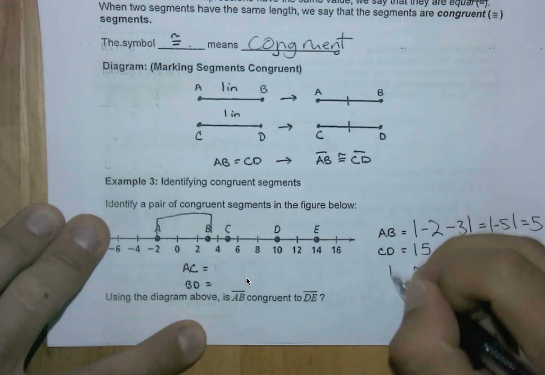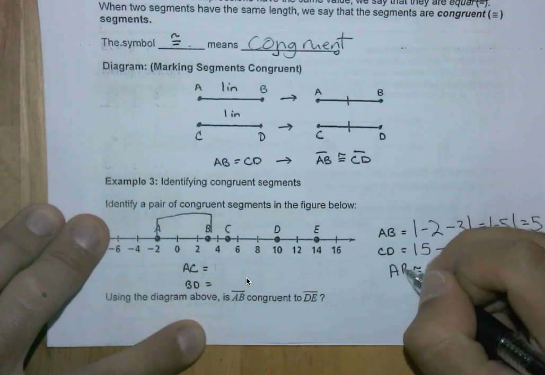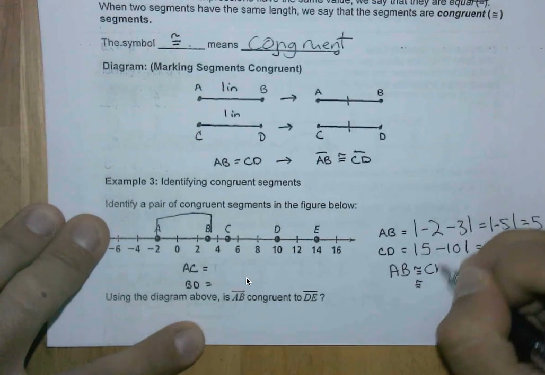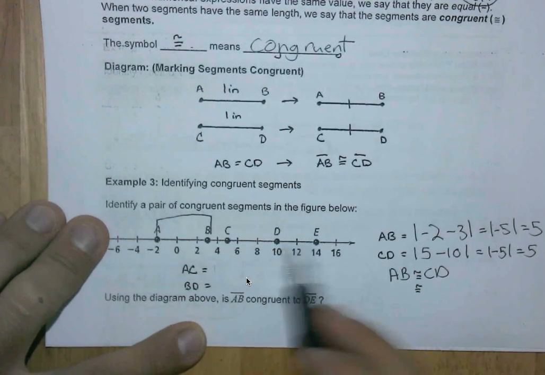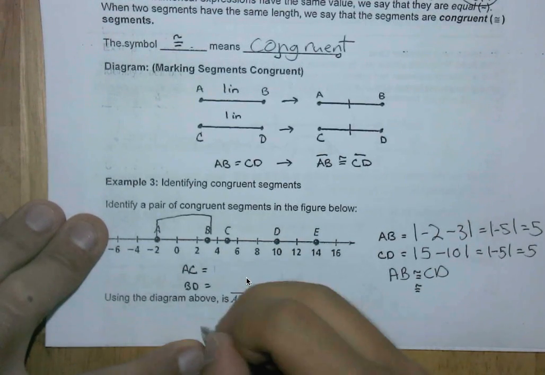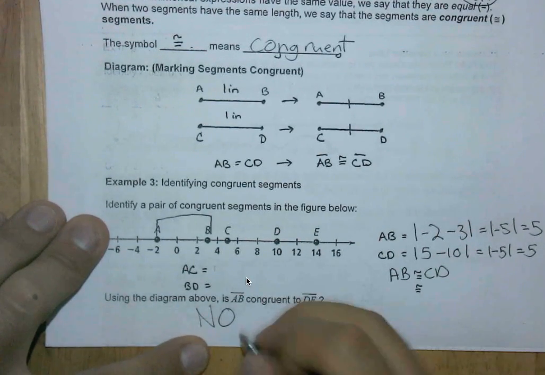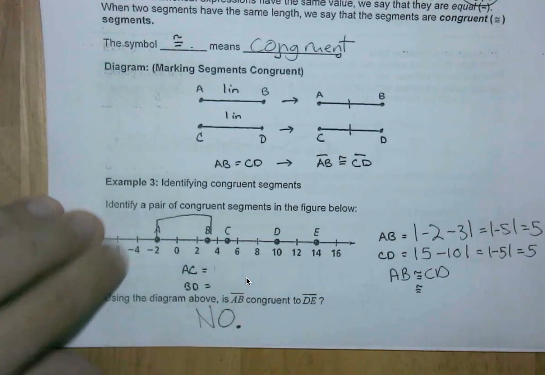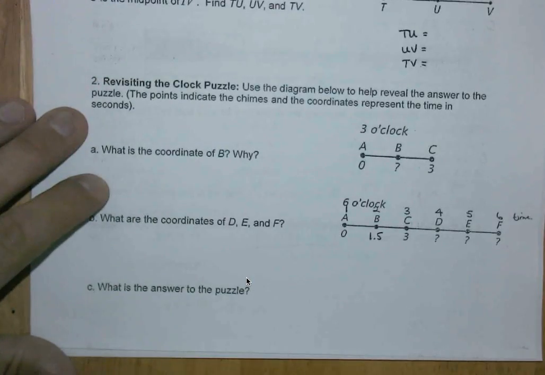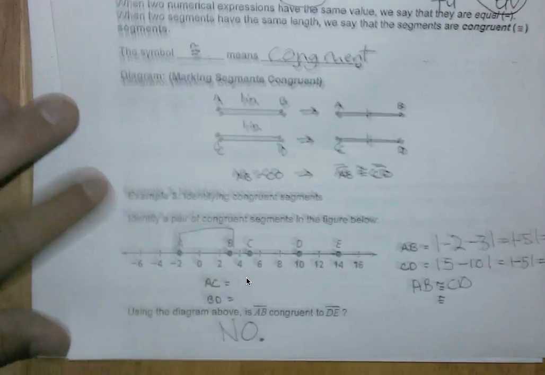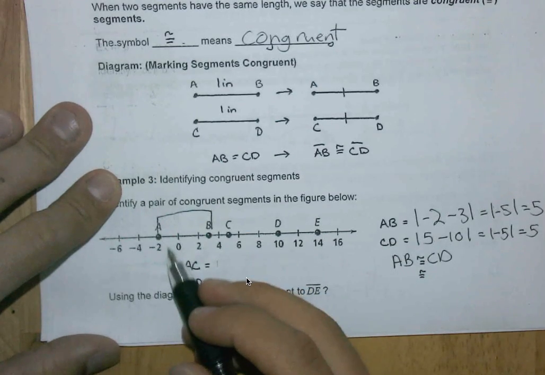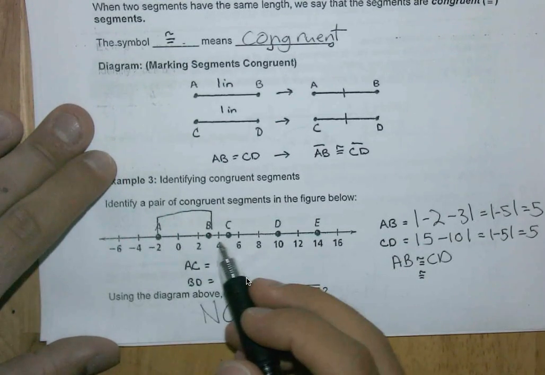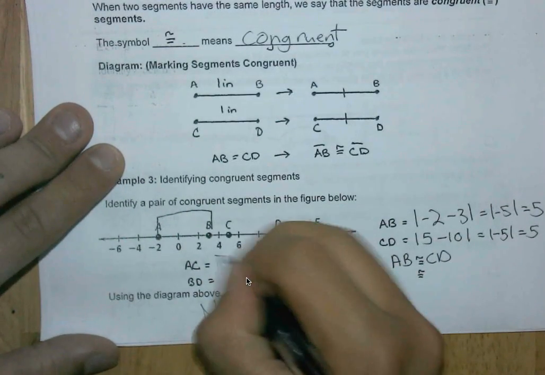All right, well, that's what we can say. AB is congruent to CD. What about DE? D to E is 4, so we would say no. And did they ask anything else about this? Yeah, this is just for extra. So if you wanted to, you could get practice on this, saying that A to C is going to be 7.